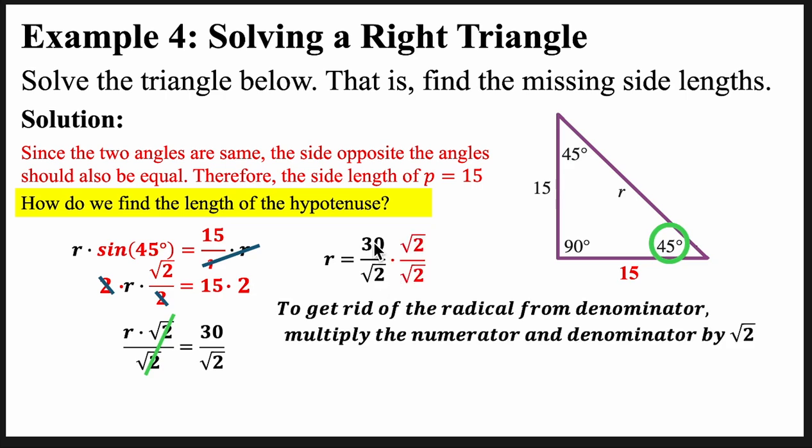Once you do that, over here you get 30 times root 2, but then the bottom simplifies into the square root of 4, which is 2. 30 divided by 2 is 15, so you get 15 root 2 as your final answer. So the measure of r in this case would be 15 root 2.